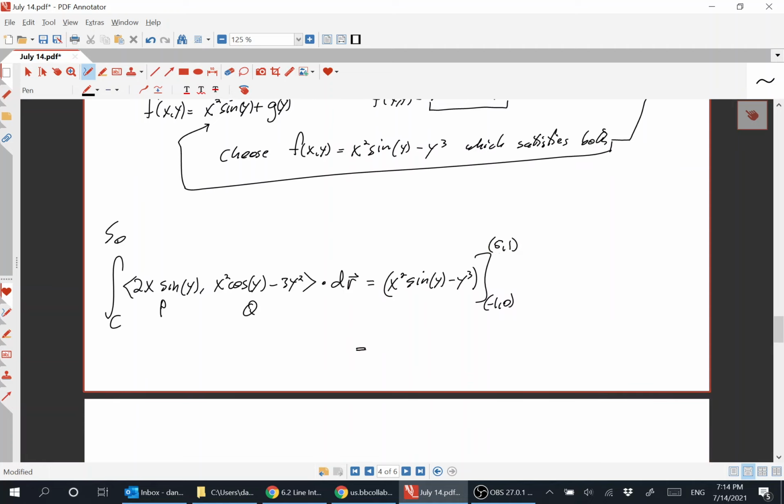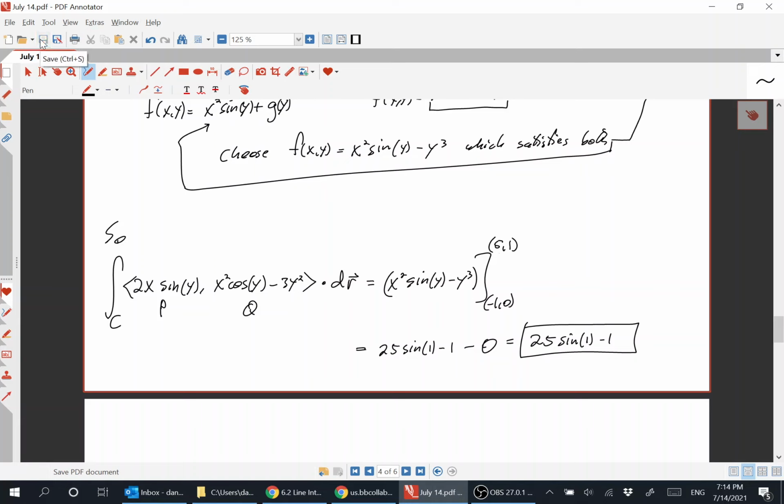So you plug in 5, 1, and you get 25 sine 1 minus 1, minus plugging in x equal to negative 1, y equal to 0, you just get 0. So 25 sine of 1 minus 1. Okay, so that's the example there.